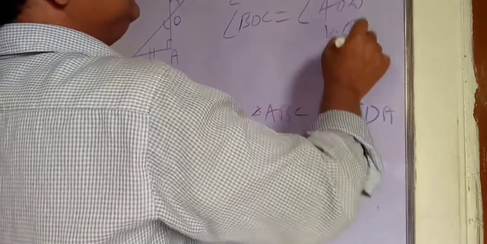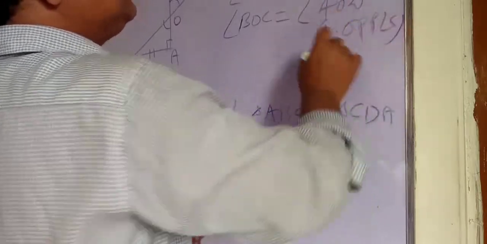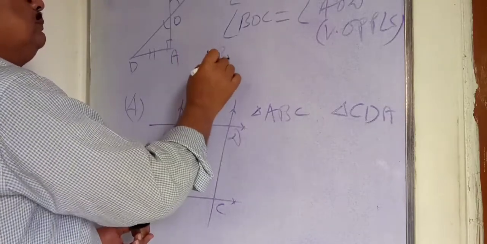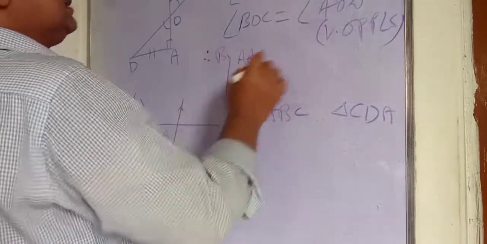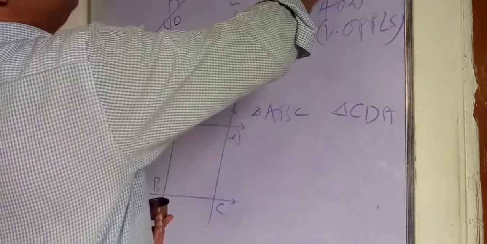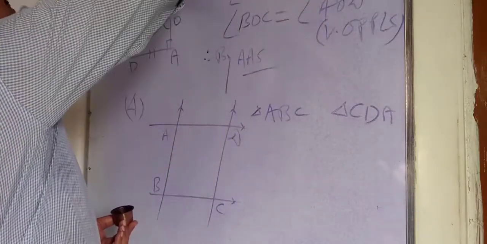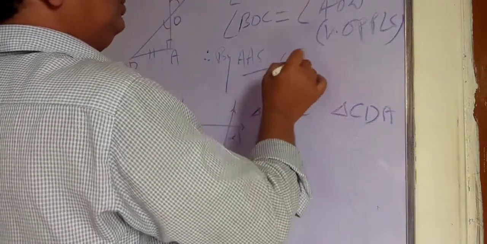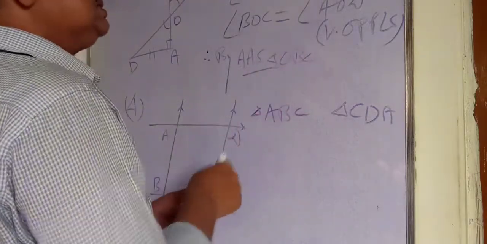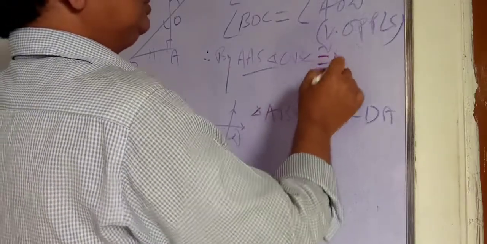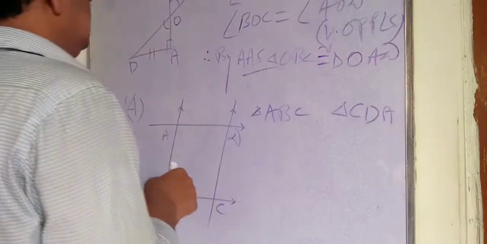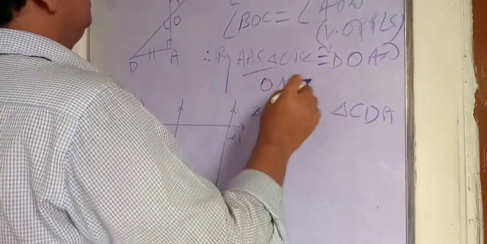You will clearly write here vertically opposite angles. Therefore, by AAS, both these triangles will be equal, and hence BO will be equal to OA. Triangle OBC will be congruent to triangle OAD, and consequently it will make OA equal to OB.